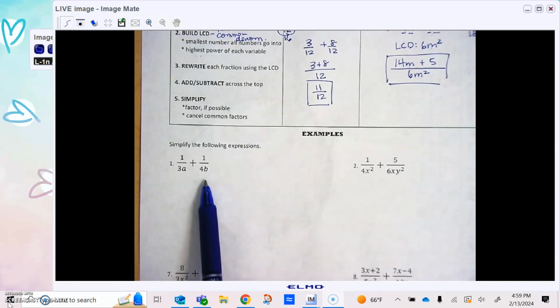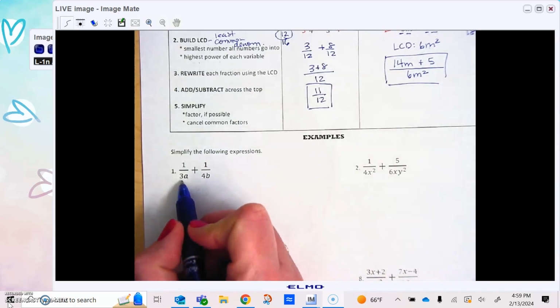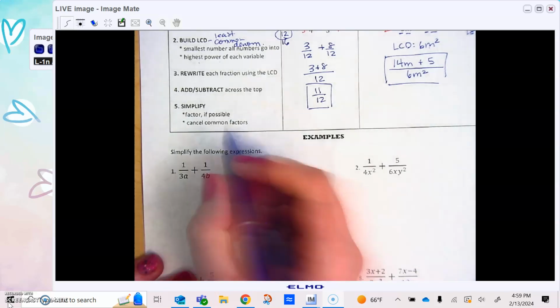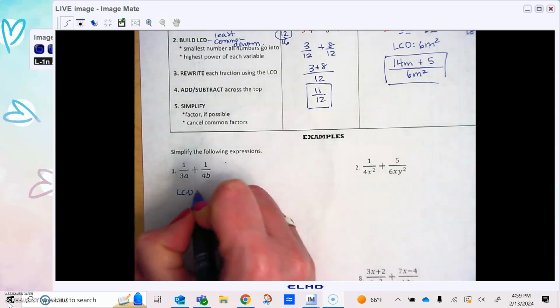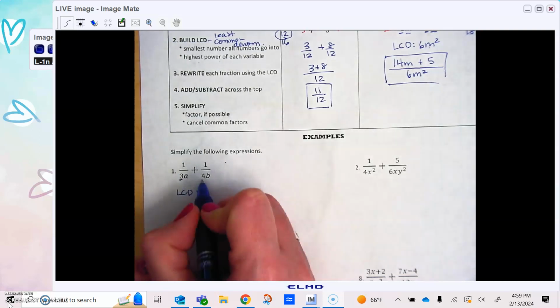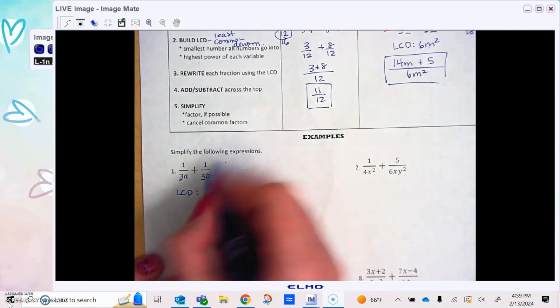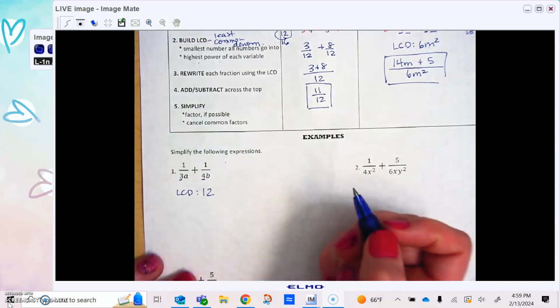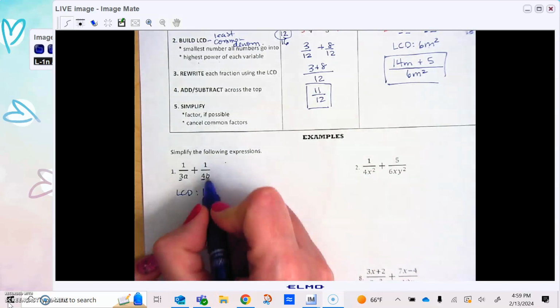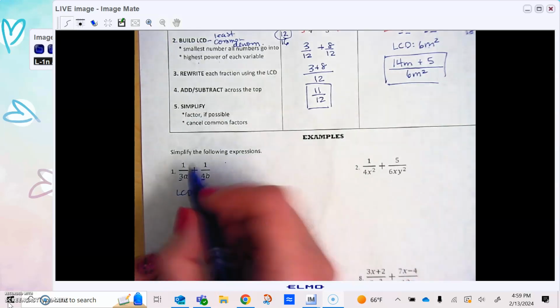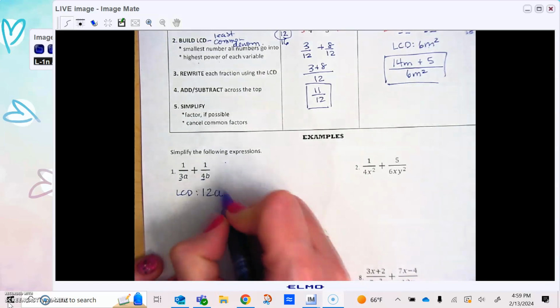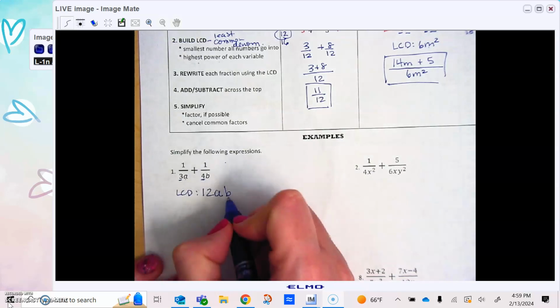On this problem right here, we're going to build our LCD first. Looking at the number parts, 3 and 4, their LCD is 12. And then they have different variables. So each variable needs to be represented in the group denominator. So I'm going to put an A here and a B so that they're both represented.